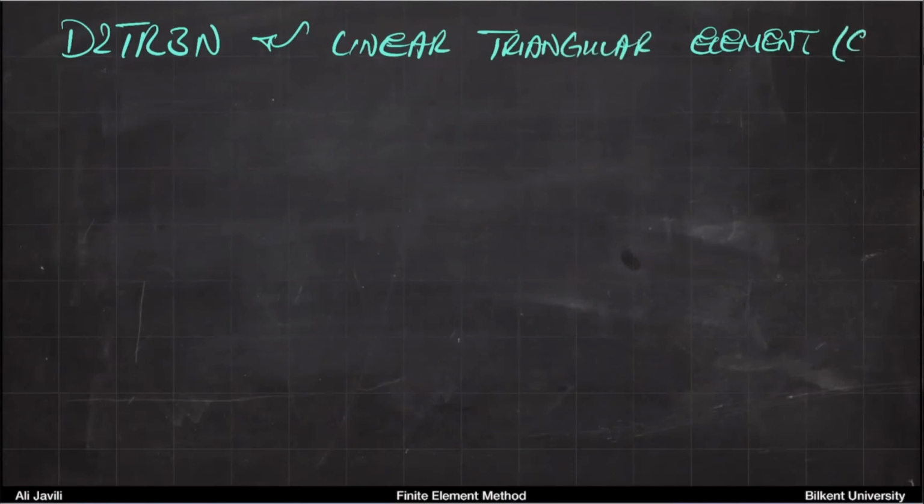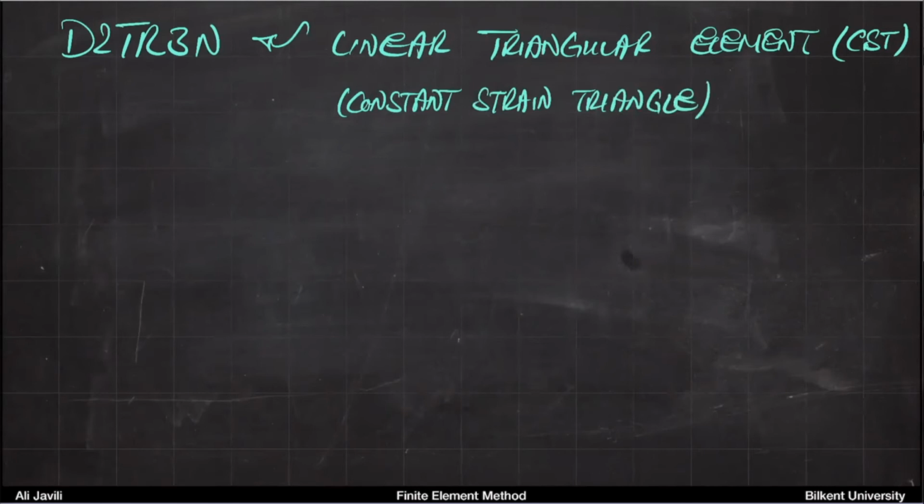This is also referred to as CST, or constant strain triangle, and this is kind of the oldest element, if you want. Or constant stress triangle. It doesn't matter because strain and stress are the same order, let's say.